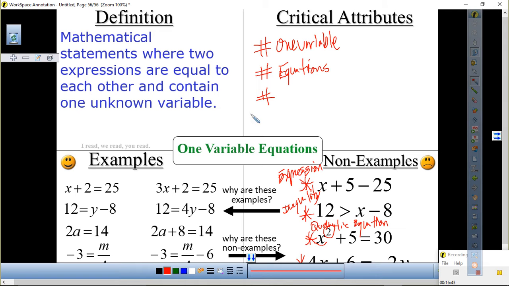Jocelyn. Hashtag, not greater than one. Oh yeah, not greater than one. Yeah, I'll take that. Not greater than one exponents.